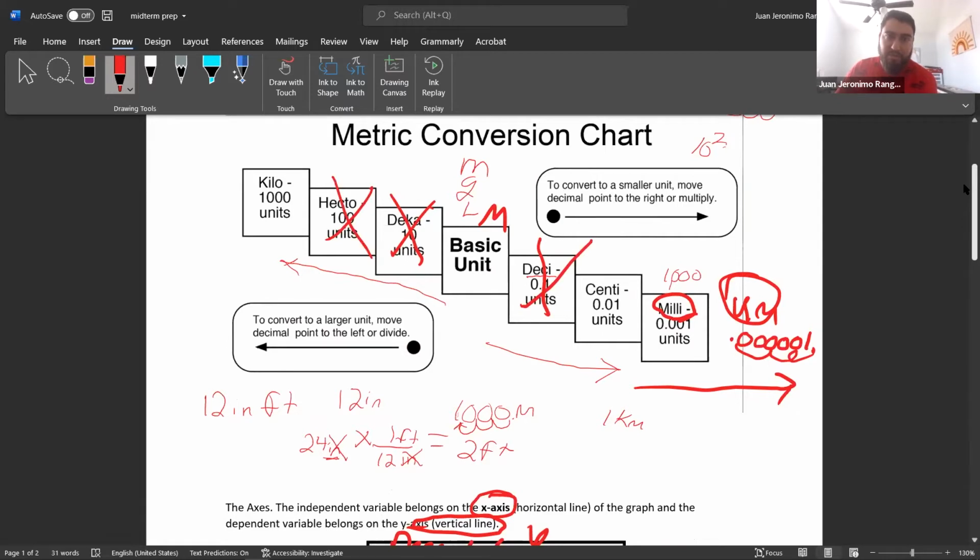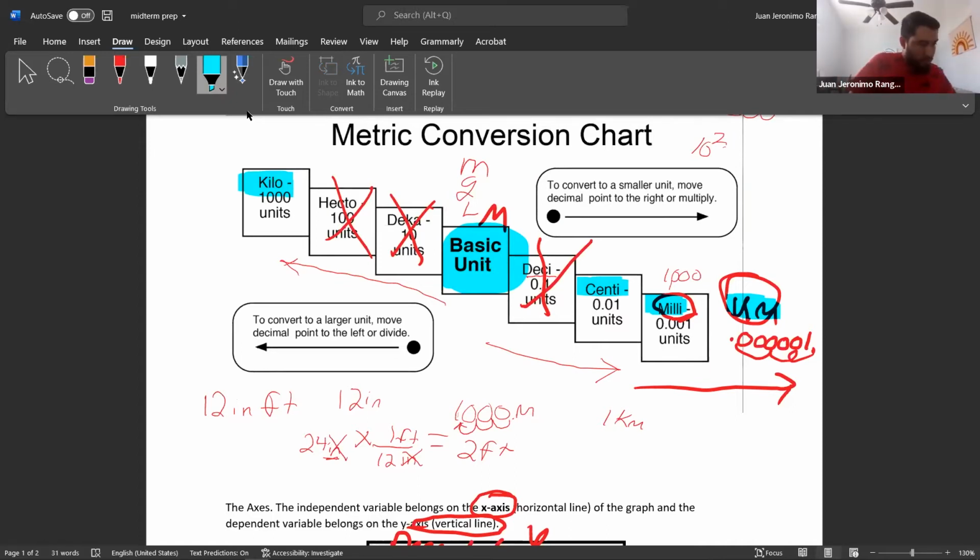They're not that useful. So the most useful ones are kilo, centi, milli, and micro. And remember your basic unit: meters, grams, and liters. Okay. So that would be part of chapter 1.